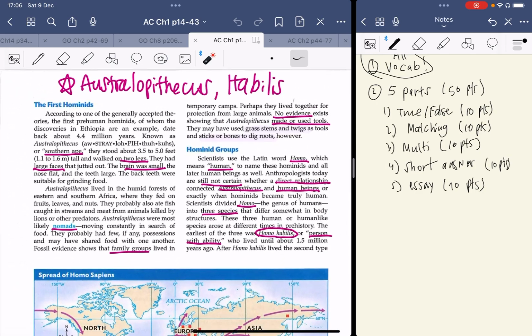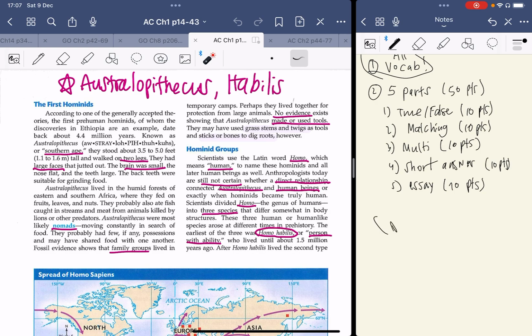Now for this page, please look at the groups of people. So we have a bunch of hominid groups. Like from the first one was Australopithecus, we have Homo habilis, and later on you see Homo erectus and Homo sapien. So for this exam, some of the questions will be about the Homo people. So, the Homo, like the hominids, okay? Anyway, back here.